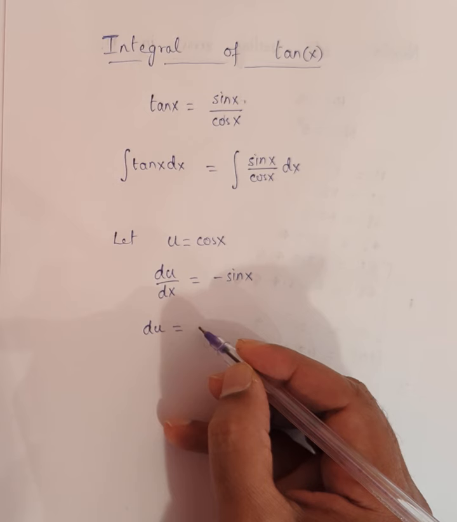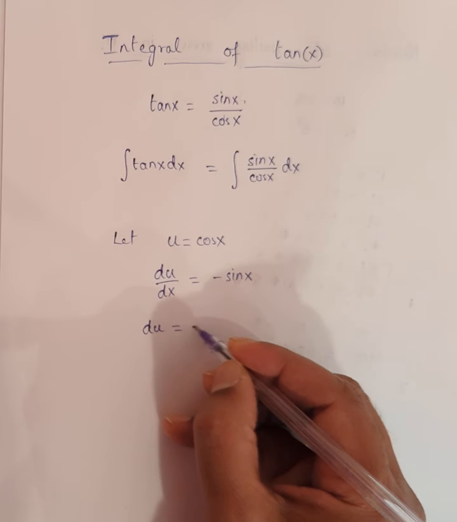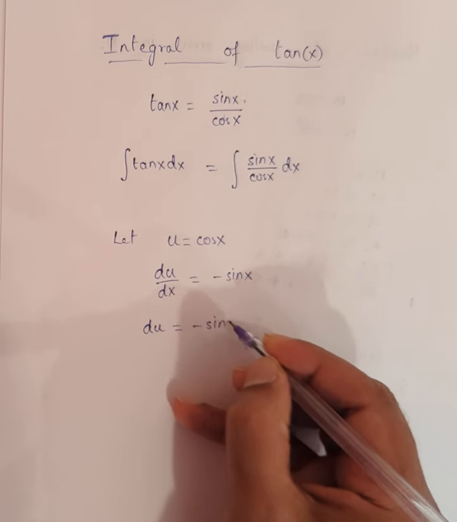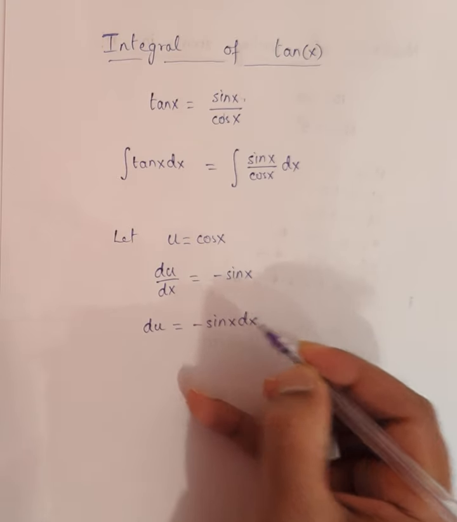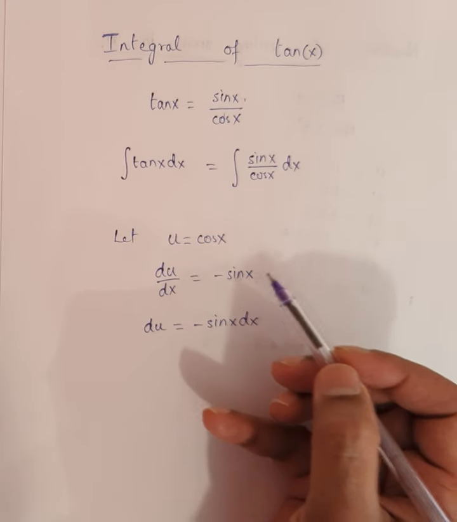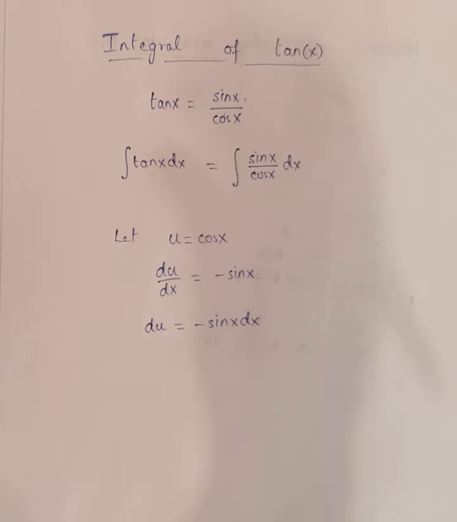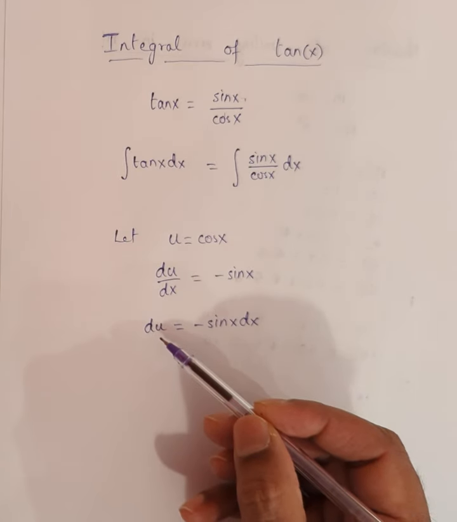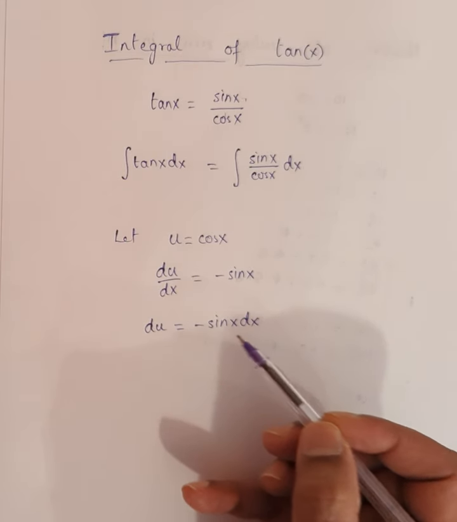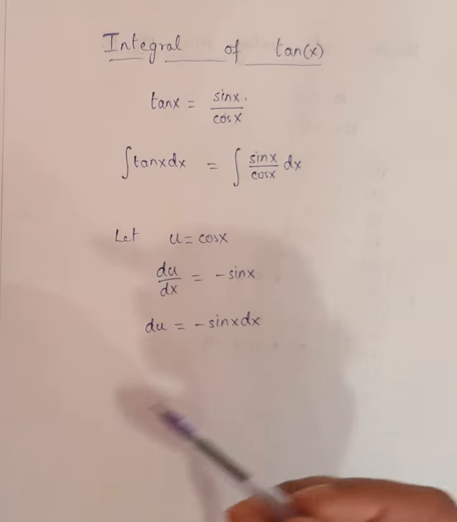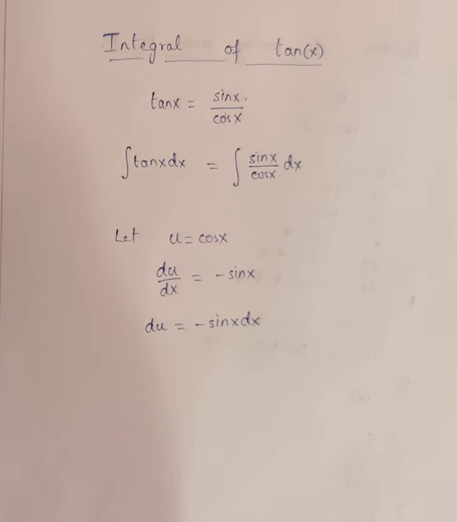I would say if du over dx happens to be negative sine x, then after that step in analysis, I could write du as negative sine x dx. So it looks like you are multiplying both sides by dx.